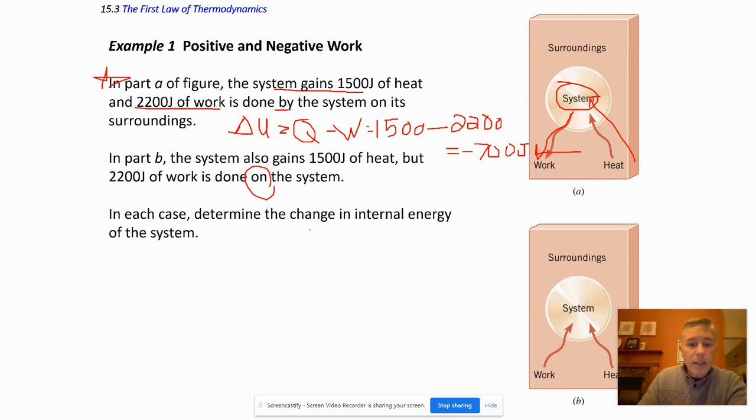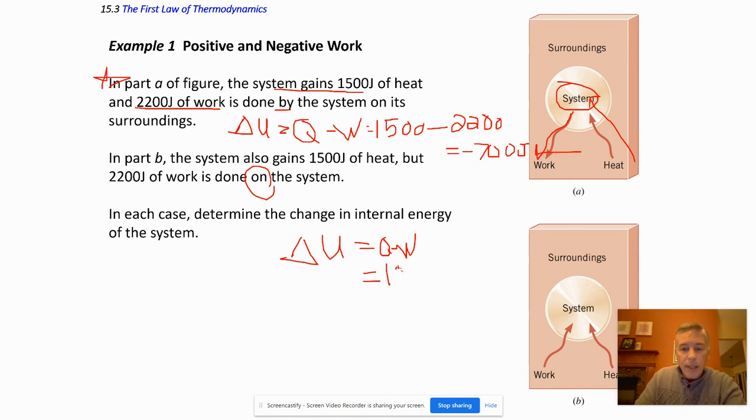So in this particular case, in part B, the change in internal energy, which is still Q minus W, we have the 1,500, and that's still positive because it's added to the system. But when I subtract my work, since it's being done on the system, this is negative work.